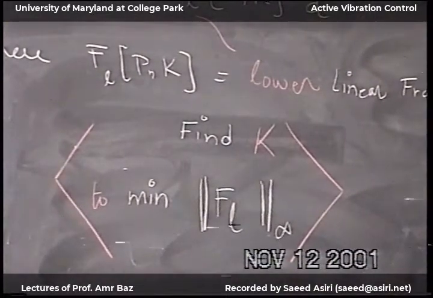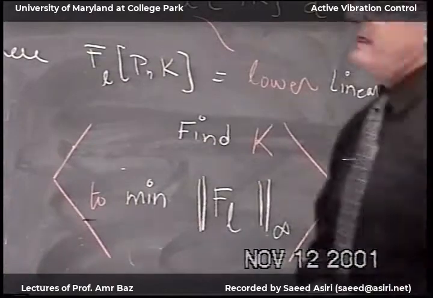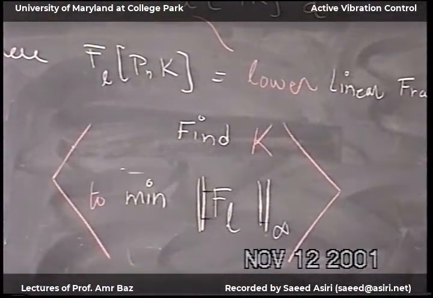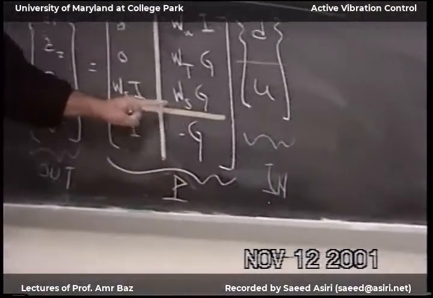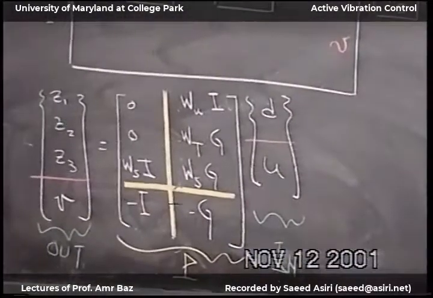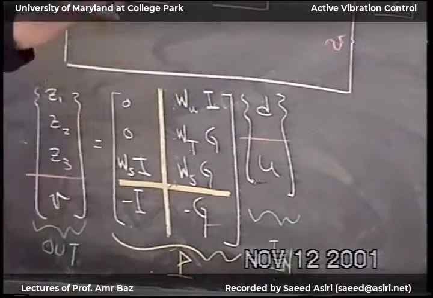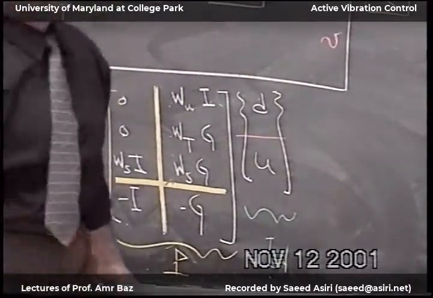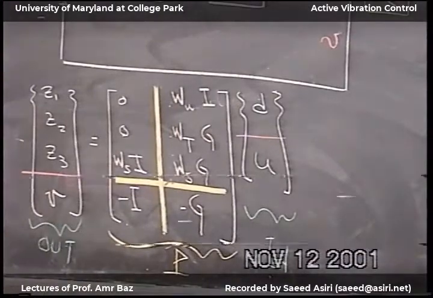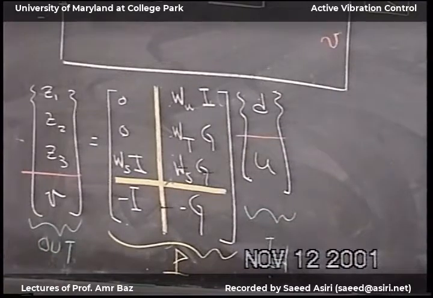Now, all this has these matrices, WU, WT, and WS. I'm going to just take these and plug them in this equation so you can see the final result. Okay, so I don't need all this.